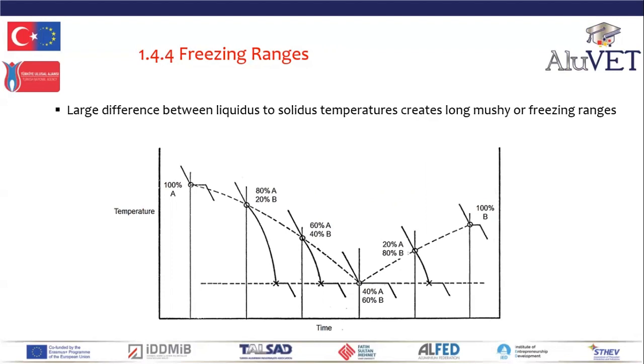So if you look at 80% A, 20% B, down to the solidification temperature, that is a very long freezing range. If we go to 60% A and 40% B, the freezing range reduces. Now remember, in the freezing range, it's mushy. It'll be solid islands of solidifying aluminium within liquid.